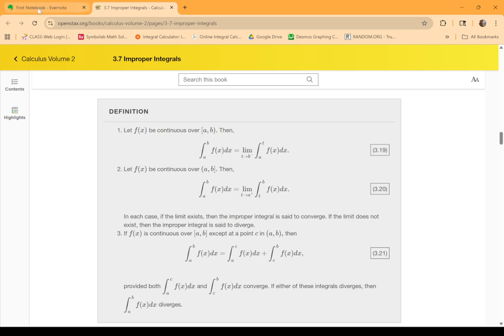Okay, so now let's take a look at one where the discontinuity is at the end. We'll look at the integral from 0 to 2 of z squared ln of z dz. The natural log is undefined at 0.